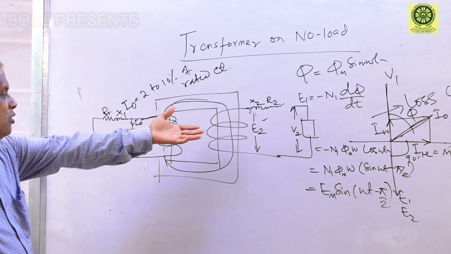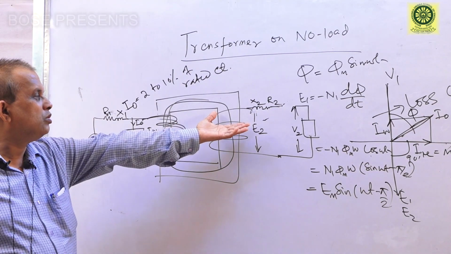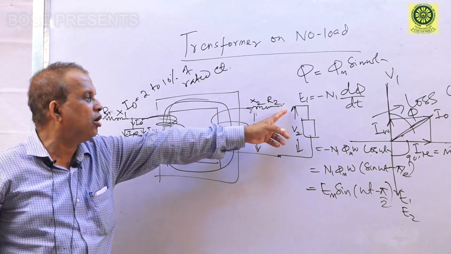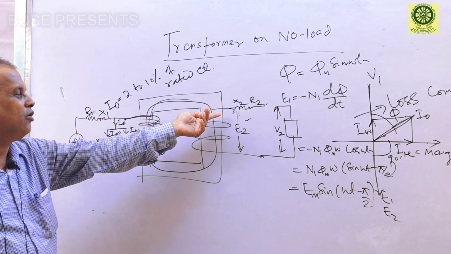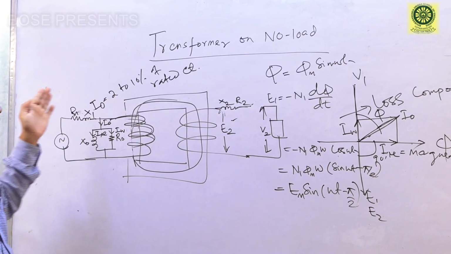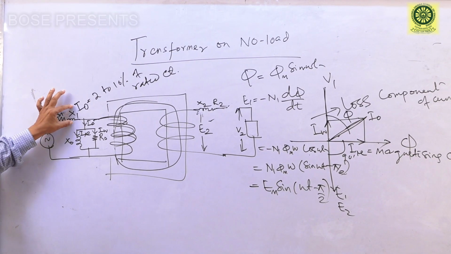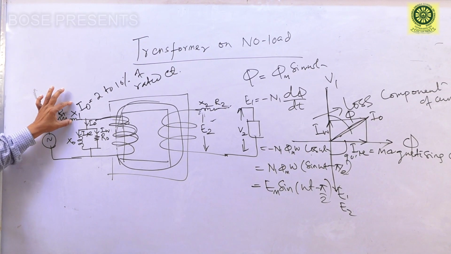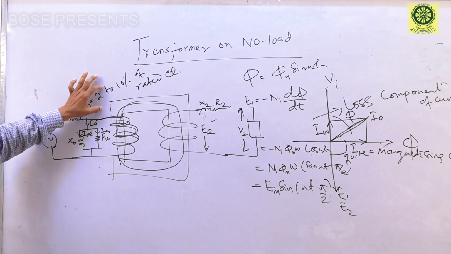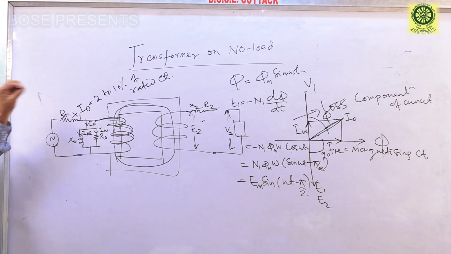Under the no load condition there is no question of showing this side because the circuit is not closed, so there is no current flowing in the secondary side. About the primary side, the voltage drop across R1 and X1 is not taken into account because the no load current is 2 to 10%, which is very negligible.